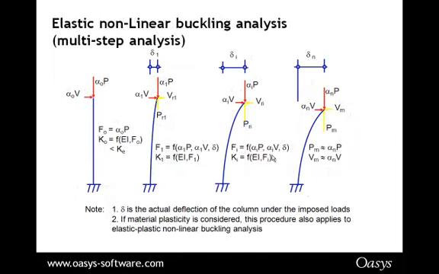On the other hand, if we go into non-linear buckling analysis, this is a multi-step, so this gradually increases the load on the structure and then sees how the structure deforms up to buckling point. This only works with 1D elements at the moment, so for trusses and so on. Not for 2D elements, but the deflection is the real deflection for the load. If you include material plasticity in there as well, so material yielding, that can also be taken into account.